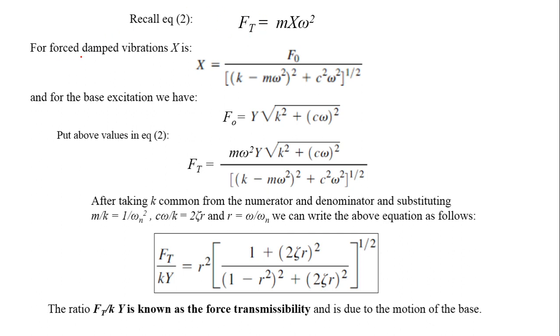And since the amplitude of the forced damped vibration is given by this expression, and this F naught for base excitation we proved in the previous lecture is given by this expression, we substitute these results in place of F naught in the expression for X, and then we put this X in the expression for the transmitted force.